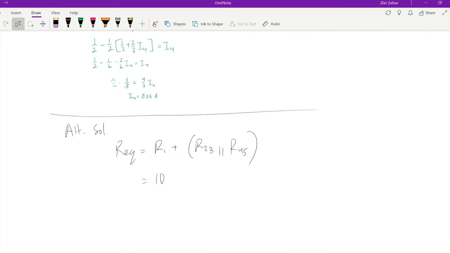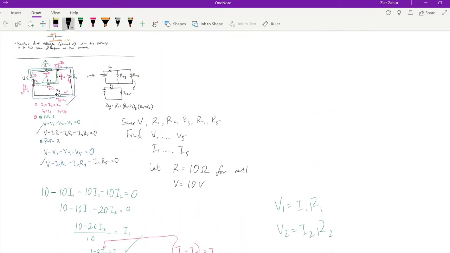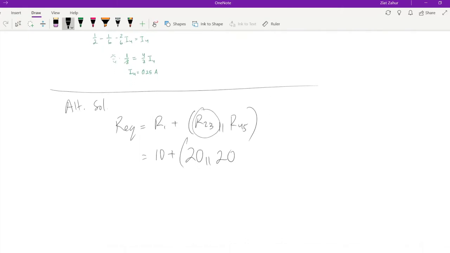This is 10 plus 20 parallel 20, right? So that's 10 plus 10 is 20, 10 plus 10 is 20, 20 parallel 20, product over sum. When you have the same resistors, product over sum will just give you half the resistance. So that's 10. And so R equivalent is 20.